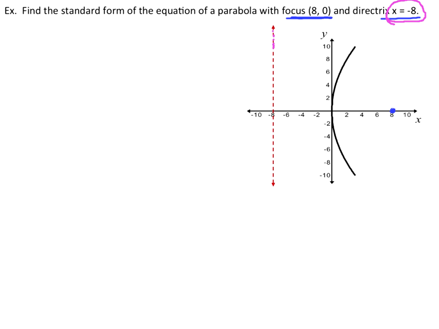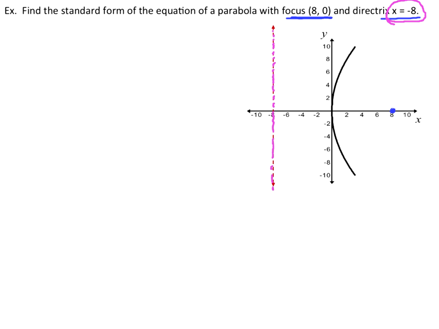That is a vertical line going through -8, and if that has to be on the outside of the parabola, then your parabola has to be opening to the right. Because if it were opening left, it would contain the directrix, and we know that's not how these things are built. You can also look at the fact that the focus is (8, 0). So looking at both of those, even if you didn't have the picture, you would be able to tell that this is opening to the right.